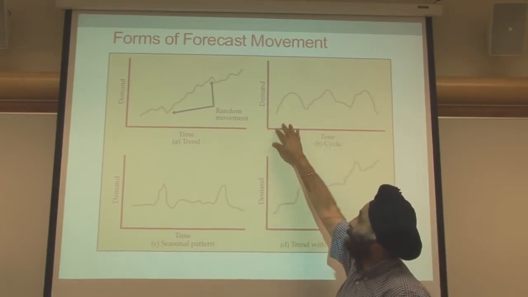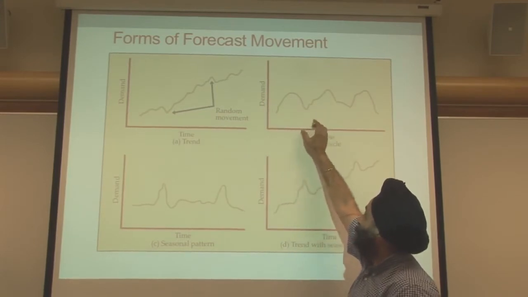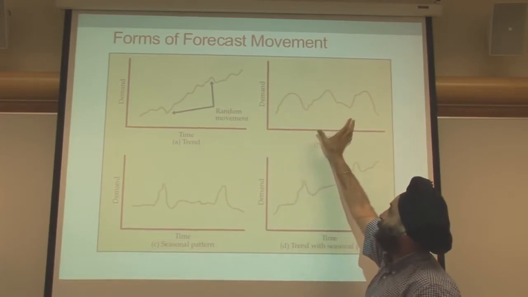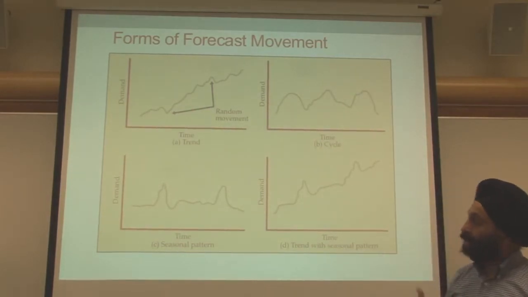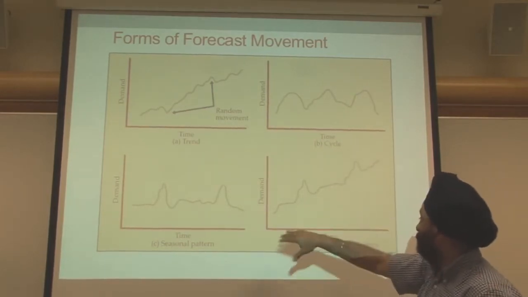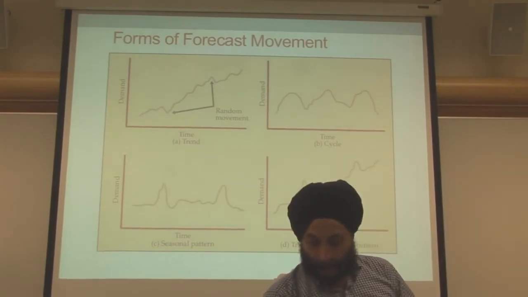This is where the economy was going good for several years over here, and then it started going down for a few years, and then it started going up again. Those are the type of things, waxing and waning, that may happen. And then this is the trend with seasonal pattern that is being shown in this case.